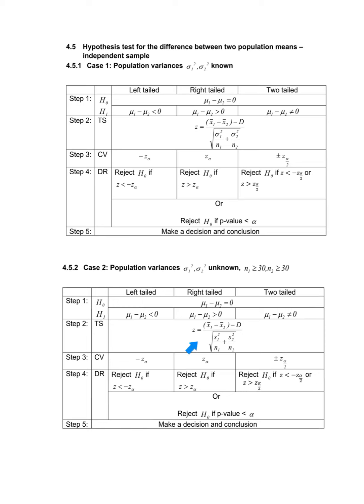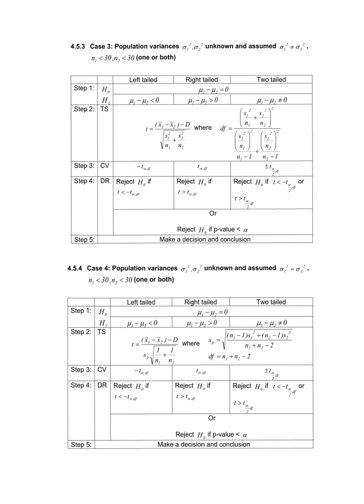So just focus on the test statistic. Here it is still Z, no different from case number 1, the only difference is one is sigma, the other is S. If you make a mistake it doesn't have a very big effect. Again for two tail, alpha must be divided by 2. For case number 3, we have population variance unknown, but we assume it does not equal. And another thing, it is a small sample, less than 30.